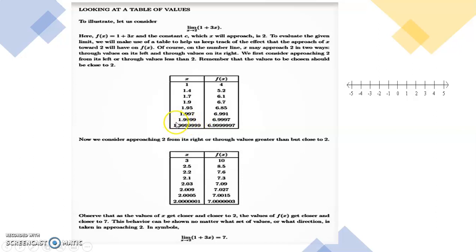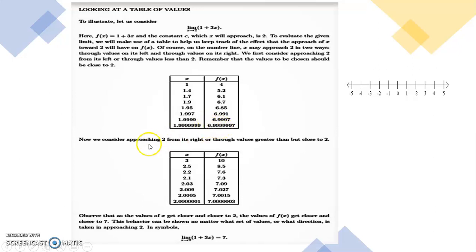So you will notice, this is very close to 2 but not equal to 2. And assigning those values of x, we can solve for the corresponding values of f of x. So as we approach 2 from the left, we can see the value of f of x is approaching 7.